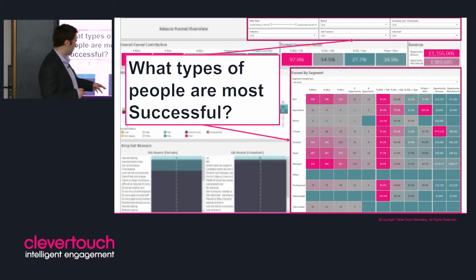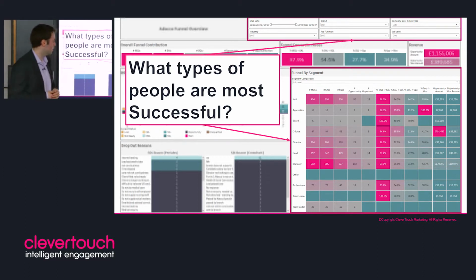Maybe we want to prioritize some of the lower levels of people who are actually closing more of their deals. And then you can look at a number of different segmentations, firmographics, and you might be trying to prioritize who do we market to? Do we market to different segmentations, or who do we prioritize in terms of passing to sales as important?